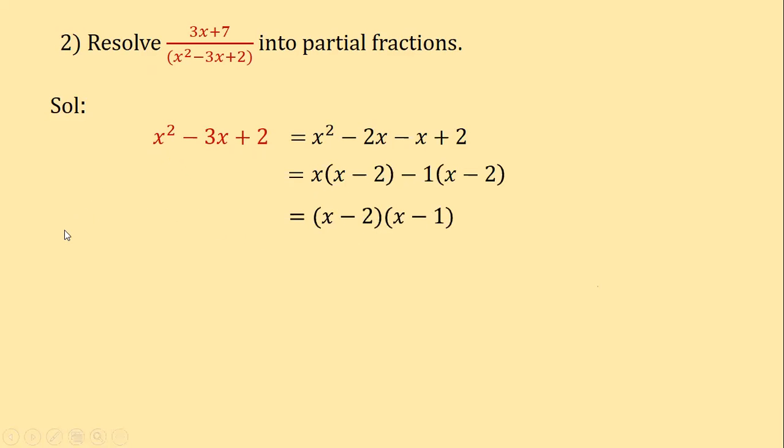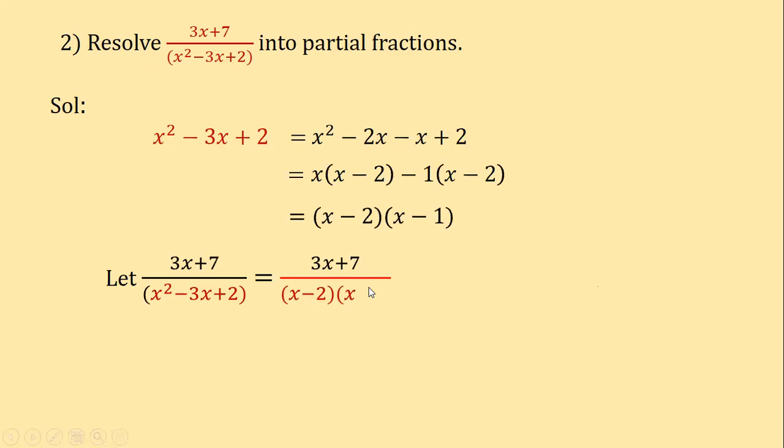So let us write our sum again. What is our question here? Let 3x plus 7 by x square minus 3x plus 2, which is nothing but 3x plus 7 by, in place of this quadratic polynomial, I am writing these two factors, x minus 2 into x minus 1. So if you observe, it is now similar to the previous example, or not? Here we have two non-repeated linear factors.